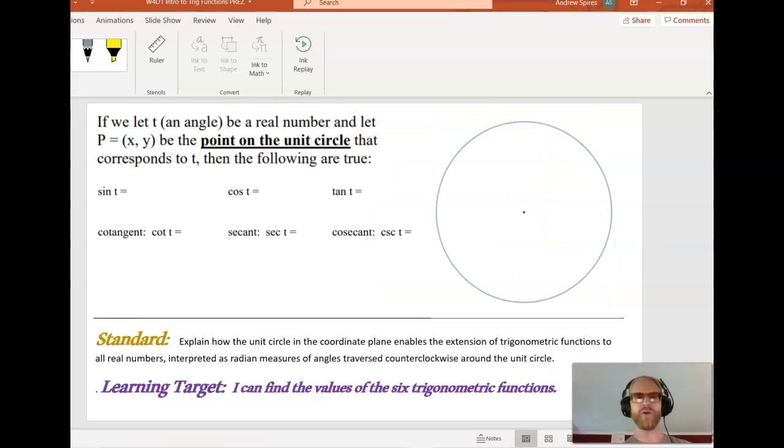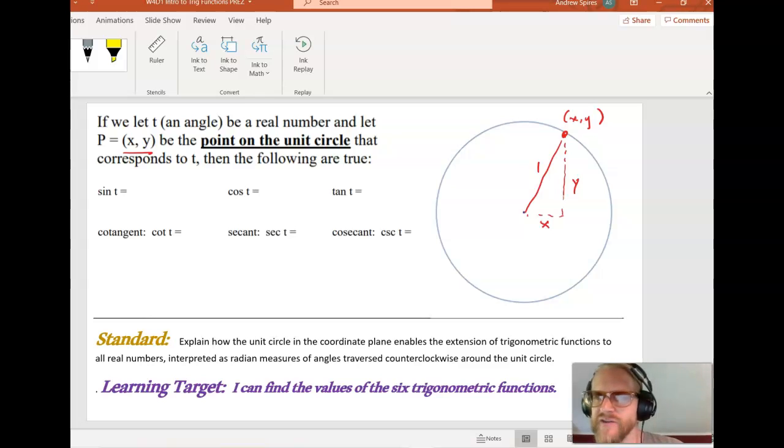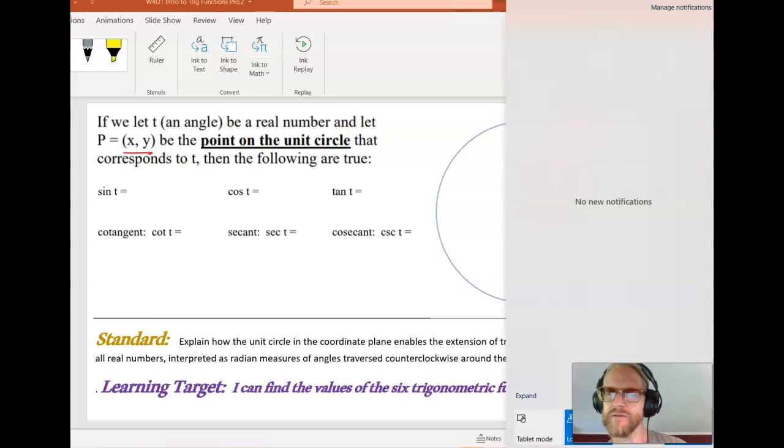So if I take, once again, any point on the unit circle, I'm going to make that sketch again. Any point on the unit circle, I'm going to call it x, y again. And now it corresponds to t. t is my angle.